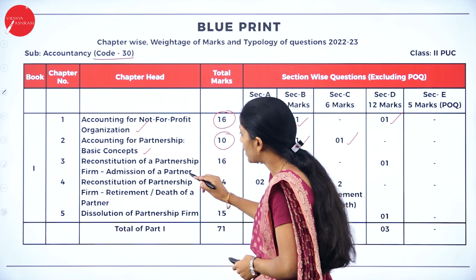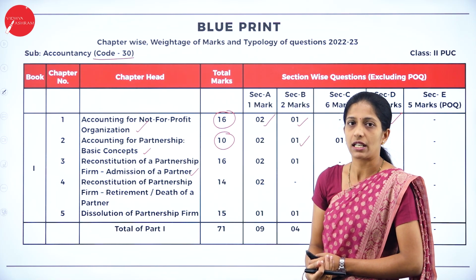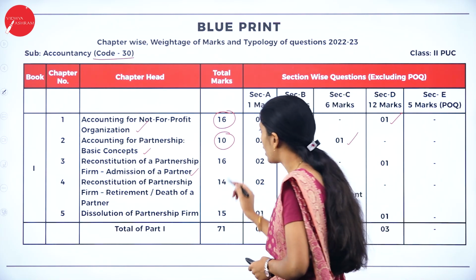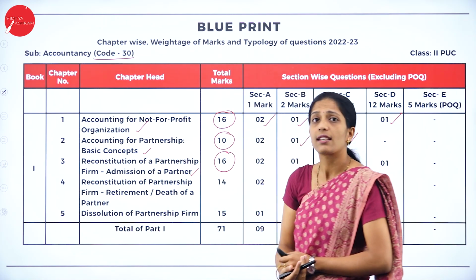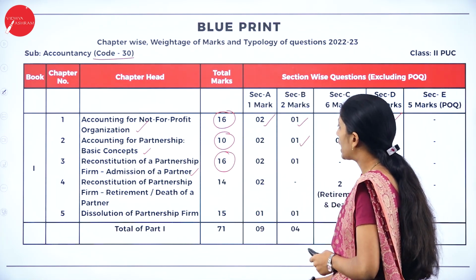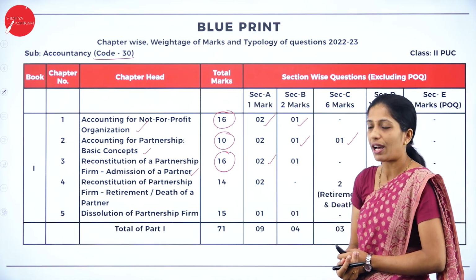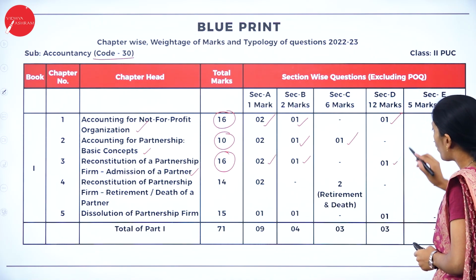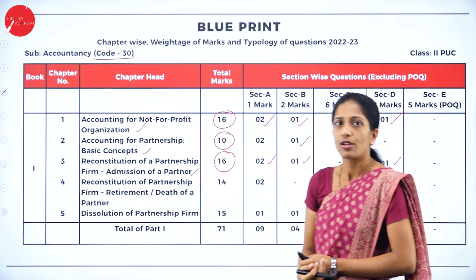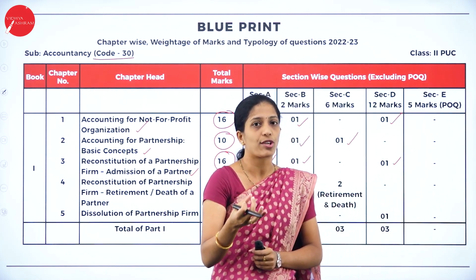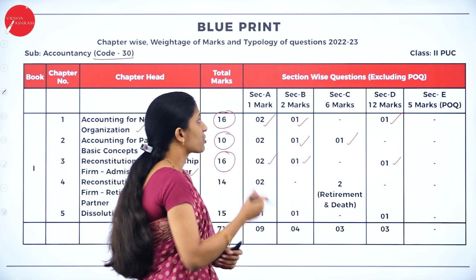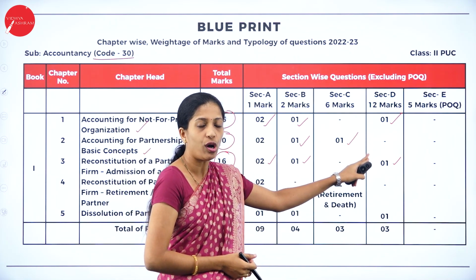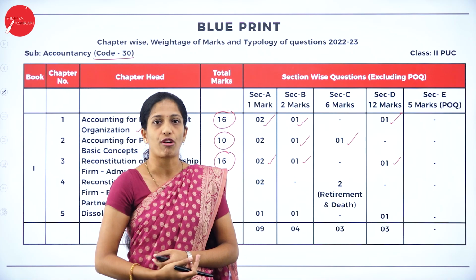Coming to your third chapter, reconstitution of partnership firm, under that admission of a partner, the total weightage is 16 marks, where you can expect 2 questions of 1 mark, 1 question of 2 marks and 1 question of 12 marks. You can normally expect for 12 marks 1 from NPO as well as 1 from admission of a partner.